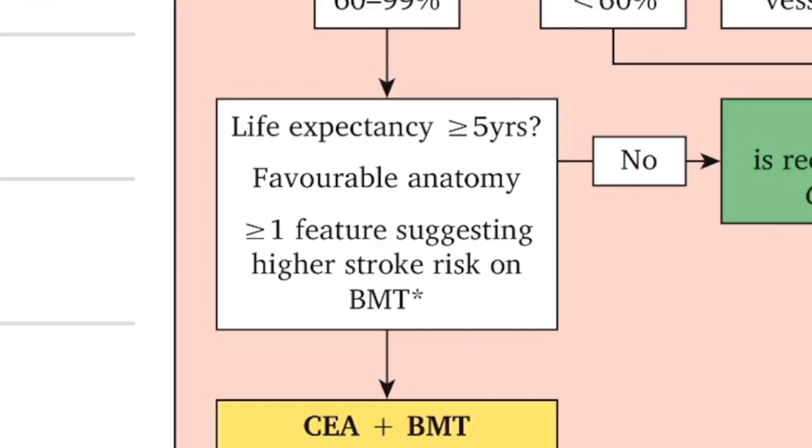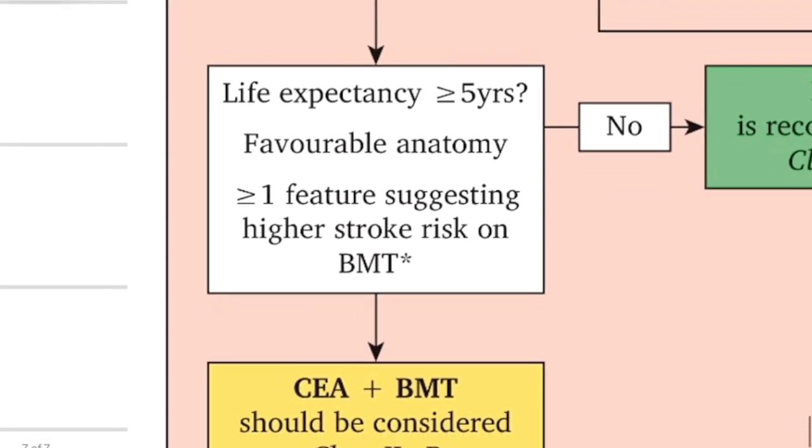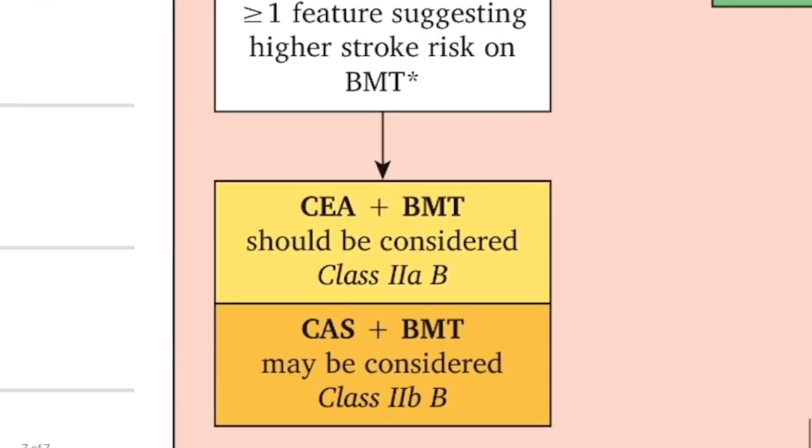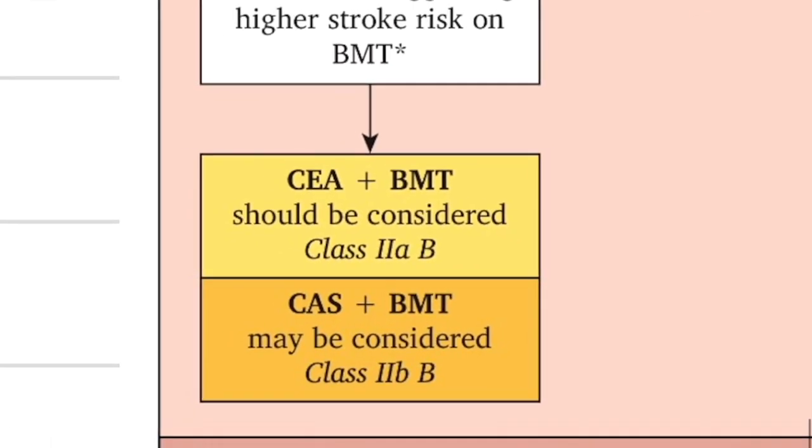So if these things are there, that means life expectancy is more than 5 years, there is a good favorable anatomy, and there is more than one risk factor for stroke even on best medical therapy, then you suggest them to undergo either carotid endarterectomy, CEA, with best medical therapy, or CAS, carotid artery stenting, with best medical therapy.